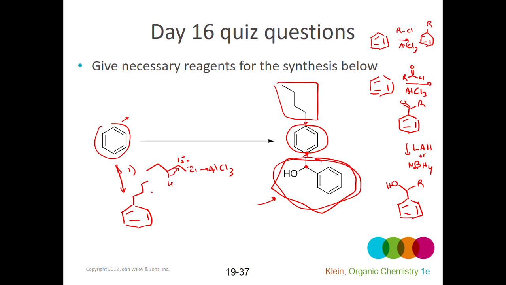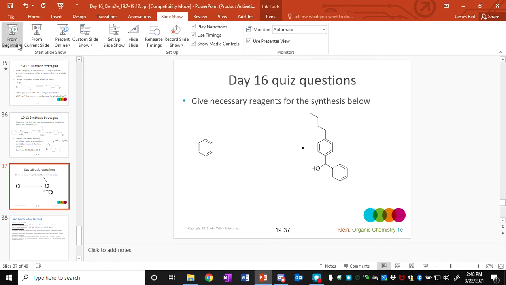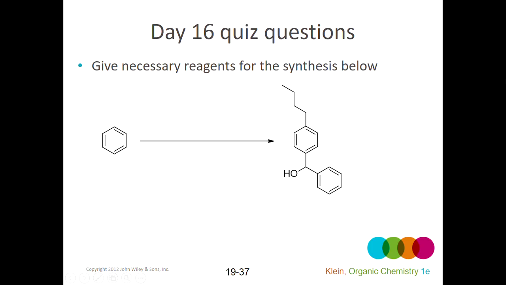So if you want to install a primary carbon to a benzene ring, typically what you need to do is the acylation. So in the first step here, if I want to install the butyl group first, I need a 4-carbon chain there, and I need a CO double bond.